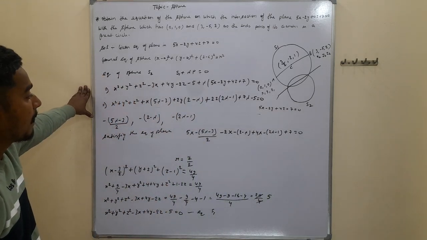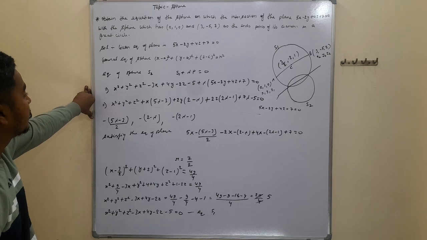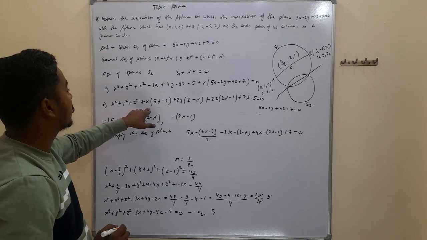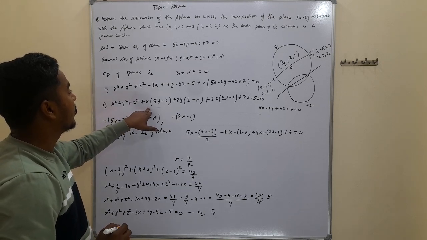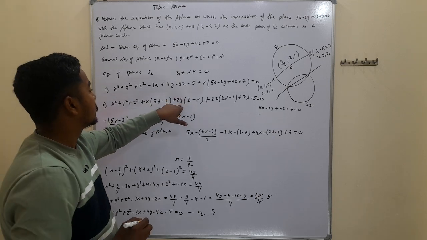Once again, 2 is taken common from here. This is 2y, and x is taken common. This is 5 lambda minus 3, and 2y is taken common.